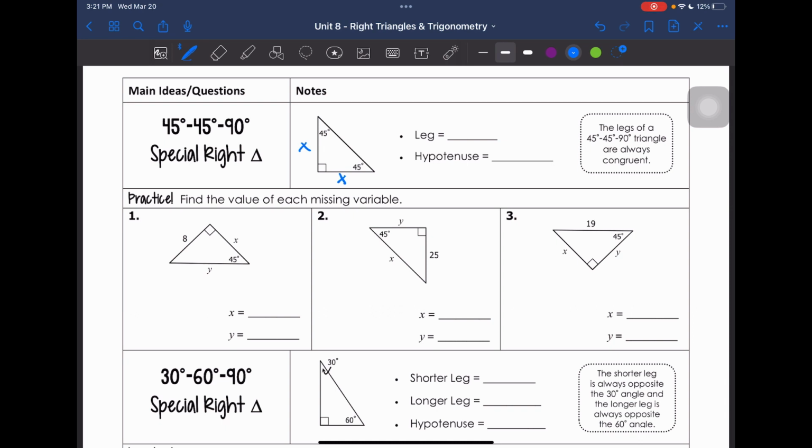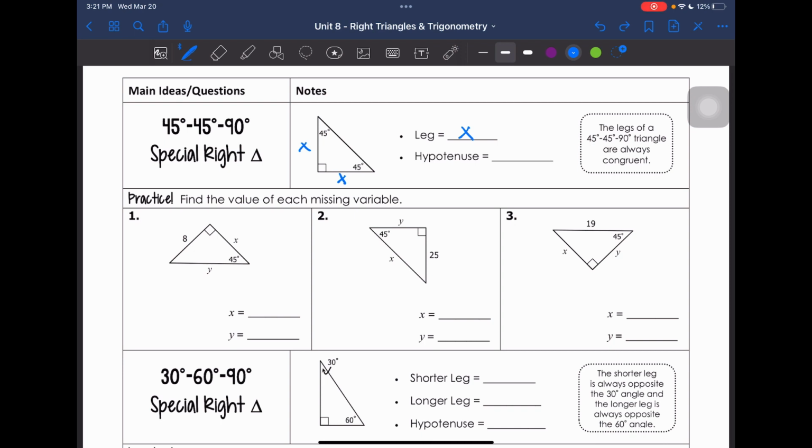Notice how they look like they're about the same length, and we know that is true considering that we've talked about how if their angles are the same, that means that these sides are the same. Those are isosceles triangles. So the hypotenuse then is also always going to follow a pattern.